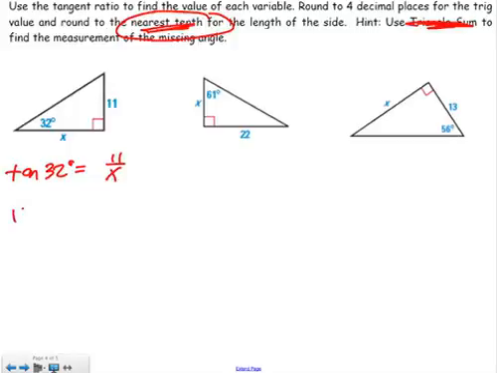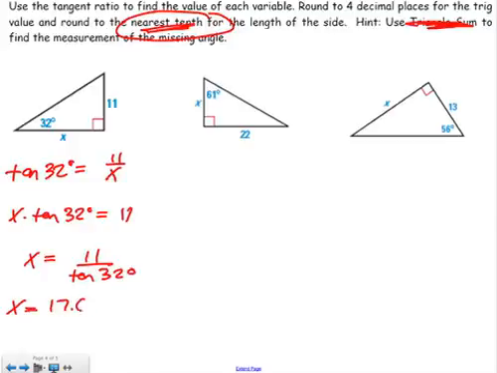When we cross multiply, we'd have x times the tangent of 32 degrees equals 11. And then we'll divide both sides by the tangent of 32, and we'll get x equals 11 over the tangent of 32 degrees. When we put that in our calculator, x equals 17.6. It's a good answer just to circle. That is what our answer turns out to be.